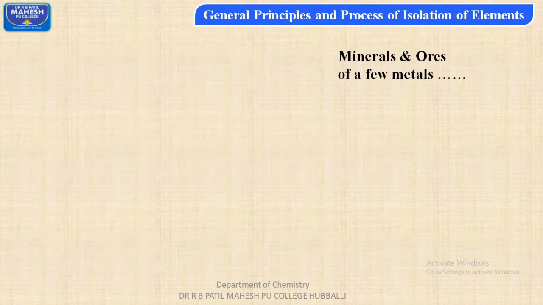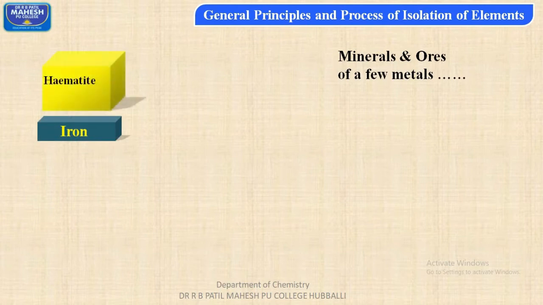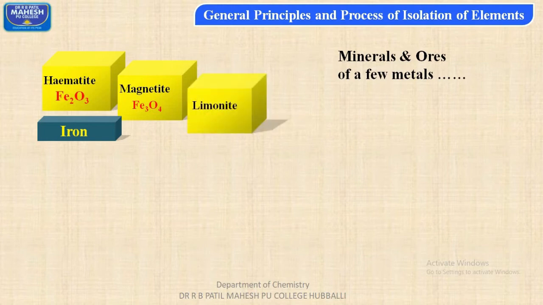Let us consider some of minerals and ores of a few metals. And the first one, iron. Hematite is a mineral of iron with the formula ferric oxide. Magnetite is the second mineral of iron with triferric tetroxide.